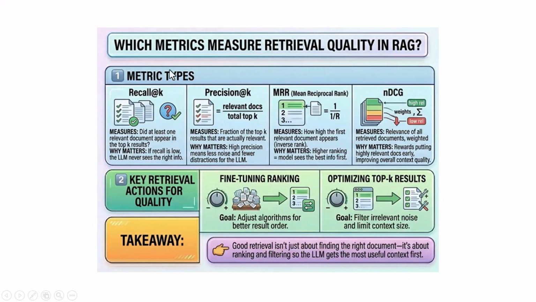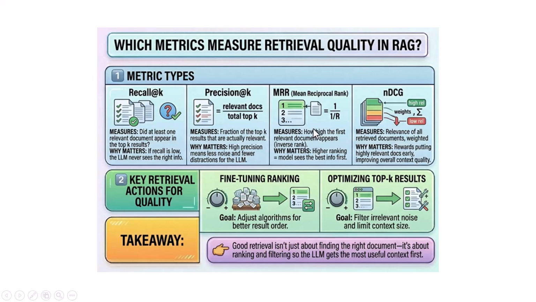Now let's understand which metrics measure retrieval quality in RAG. The metric recall measures: did at least one relevant document appear in the top K results? It matters because if recall is low, the LLM never sees the right info, so even a great model will fail. The metric precision measures the fraction of the top K results that are actually relevant, and it matters because high precision means less noise and fewer distractions for the LLM.